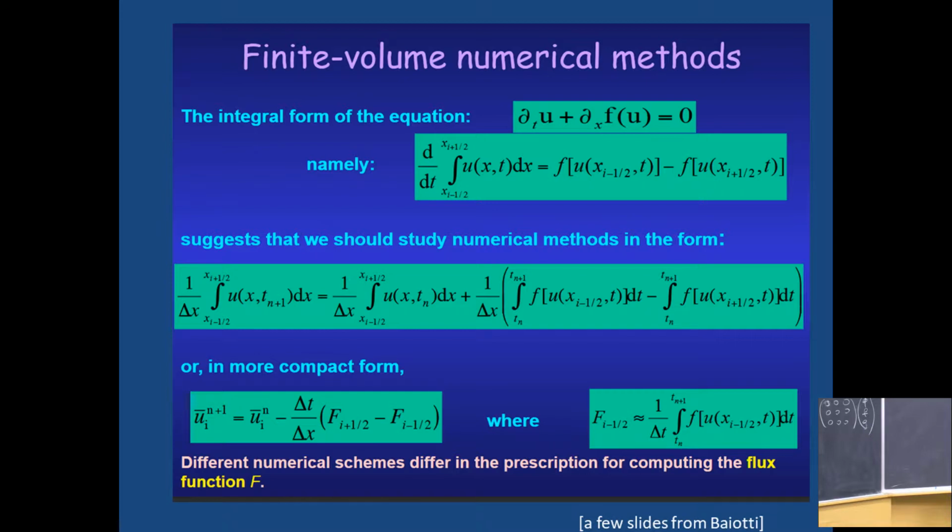So whatever enters on one side and leaves on the other will make up the change of the average from this one into that one. And the different numerical schemes will differ on how you compute the fluxes, because that's the only thing that's left. Here we have the average of the function at one level and the average of the function at the other level.